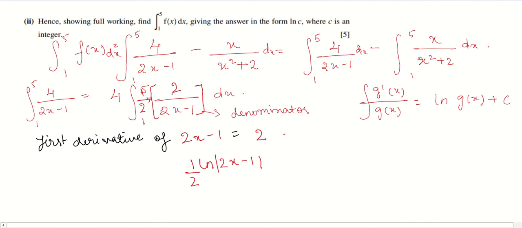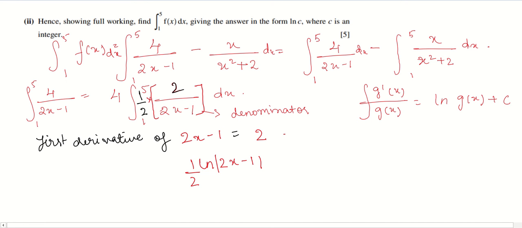Because we did not have 2 over here, we had 1, and we brought 2 in the numerator.